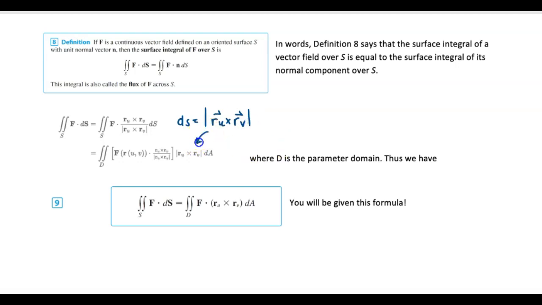So when we plug that into this formula, these magnitudes cancel each other out, and that's how we got rid of the magnitude to get to this formula, which is the one we're actually going to use for flux, which is the double integral of F, the vector field, dotted with the cross product of these partial derivatives. And so you'll be given this formula for flux. So let's use it.